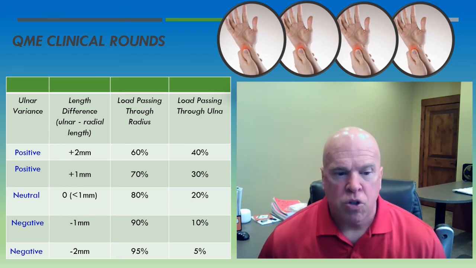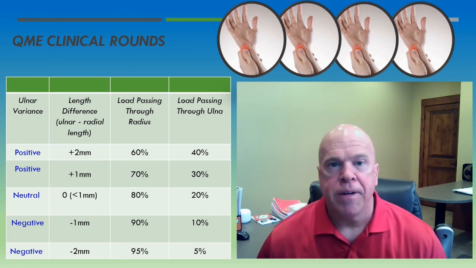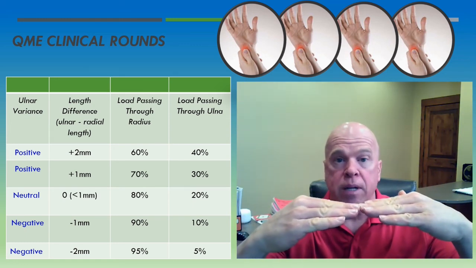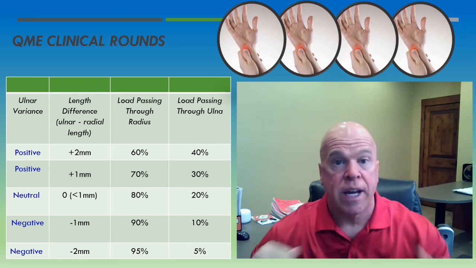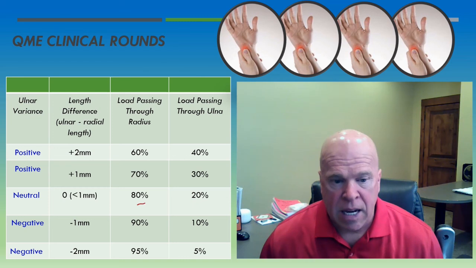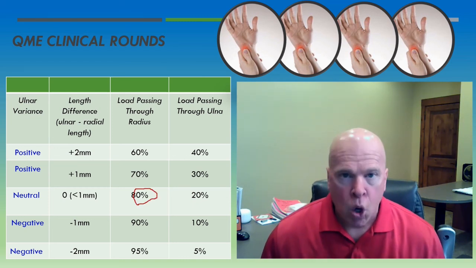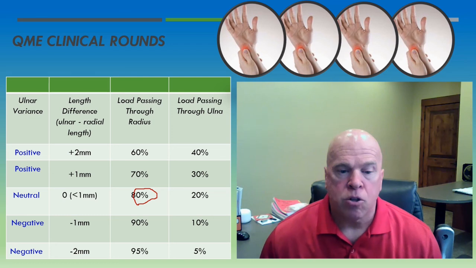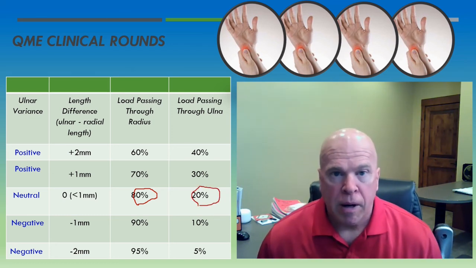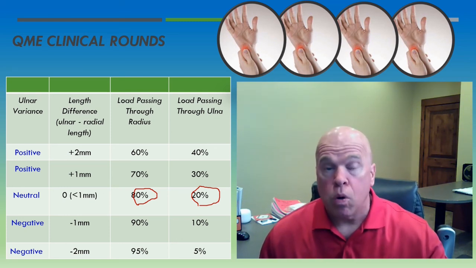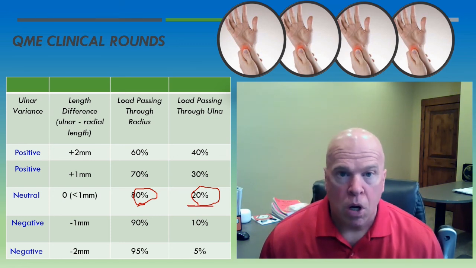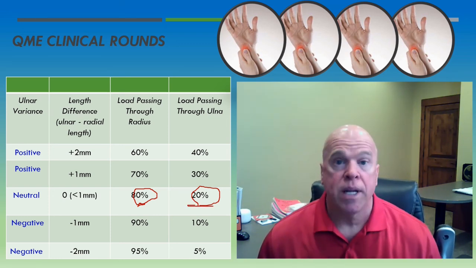So in the normal situation where we have a neutral ulnar variance, meaning the articular surface of the distal ulna and the distal radius are congruent and that there's no differential between those tangential lines, with neutral ulnar variance, we see that 80% of load-bearing forces pass through the radius, where only 20% of load-bearing forces are transmitted through the ulnocarpal joint. So this would be the radiocarpal joint. This would be the ulnocarpal joint. It's about an 80 to 20 ratio.